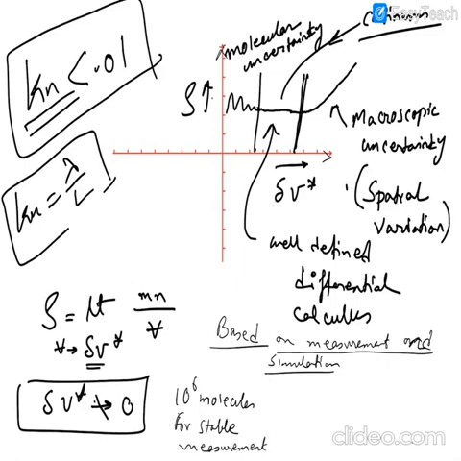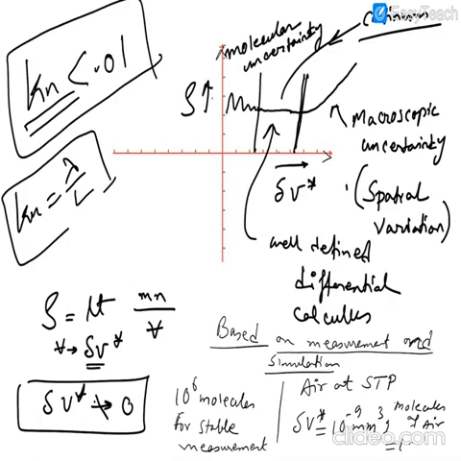If you think of air at STP, standard temperature and pressure condition, you'll see that del V star is close to 10 to the power minus 9 mm cubed, and the molecules of air close to 10 to the power 7, and this will give you a stable measurement. Just to give you an estimate of the size of del V star and the number of molecules that will give you a stable measurement.